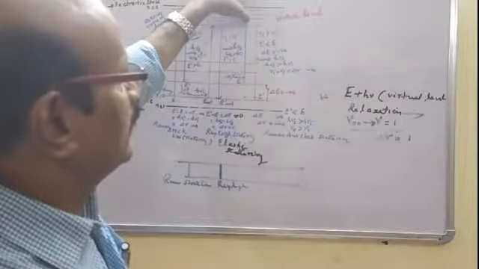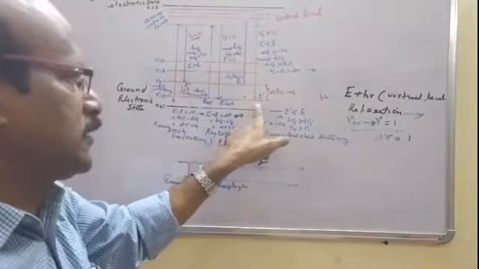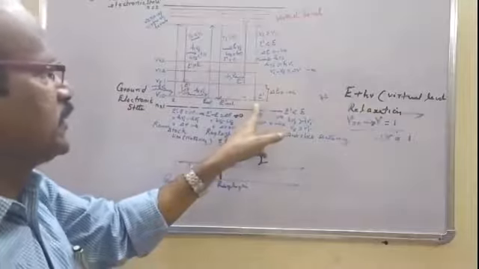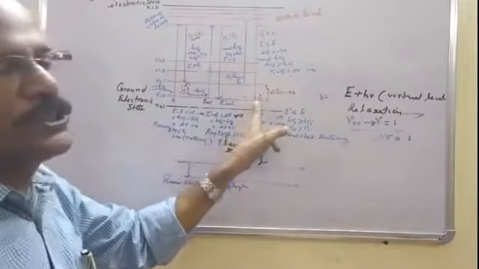From the higher vibronic level it is unstable, so it will undergo relaxation, and after relaxation it will reach the nu is equal to 0 level.